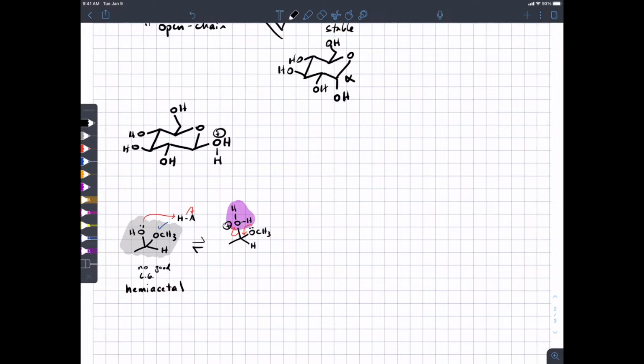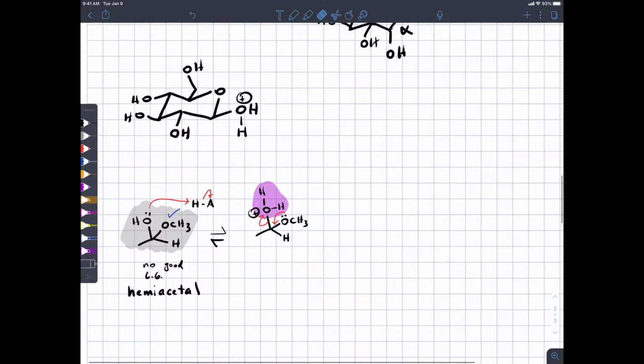I'm going to just start there because I'm assuming that you know how to do proton transfer. We good? Okay. Then what we did with that intermediate was we had electrons on the neutral oxygen kick down and kick off water as the leaving group. We're going to do exactly the same here. What's generated then is this cyclic oxonium ion.